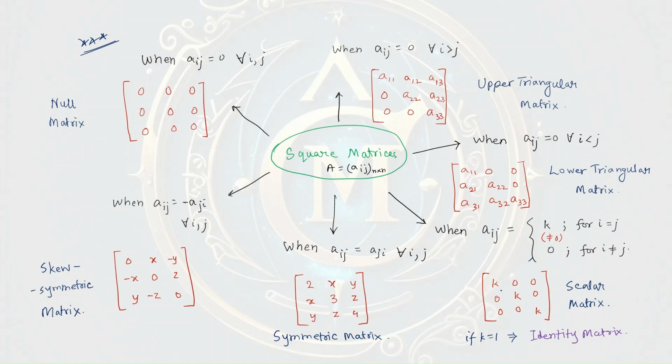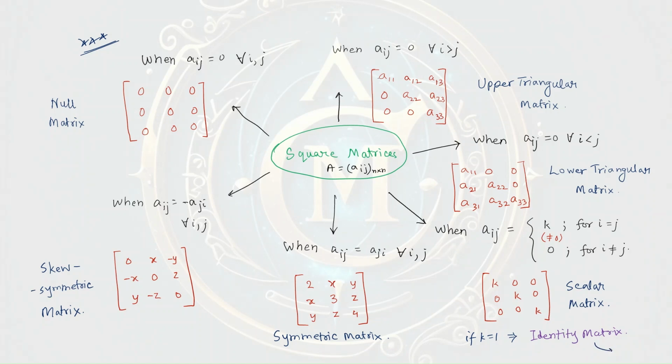Here I have given an example of this type of matrix, where the diagonal elements are some non-zero number k and the rest of the elements are 0. This matrix is called a scalar matrix. Now, in a special case, if this non-zero constant becomes 1, then we call this matrix an identity matrix.